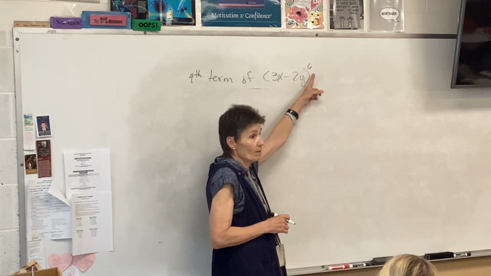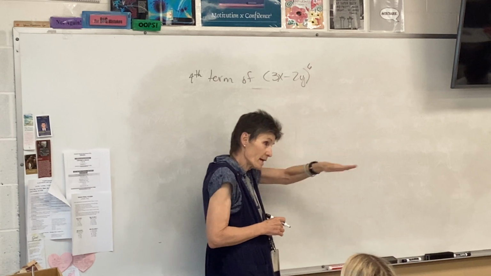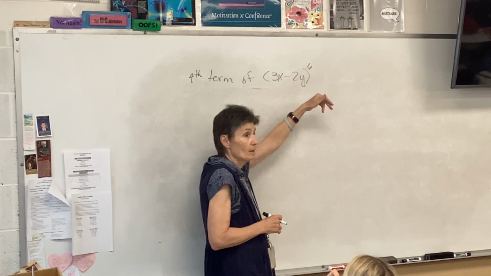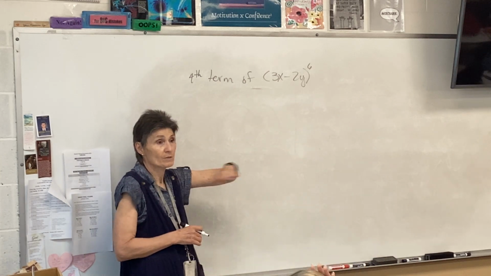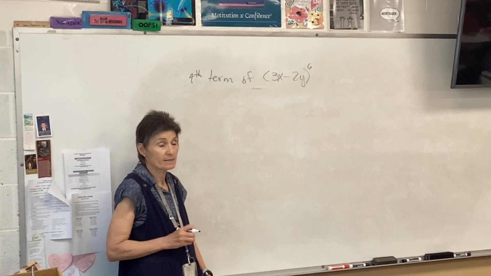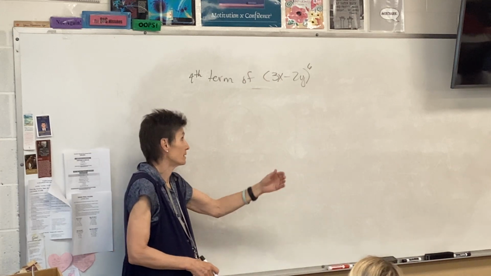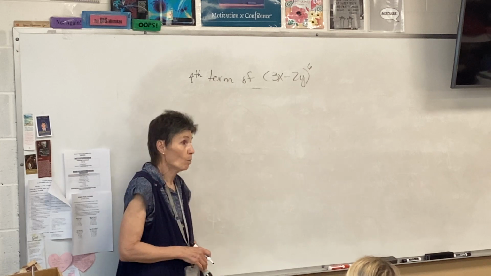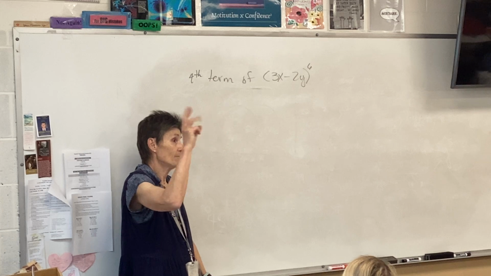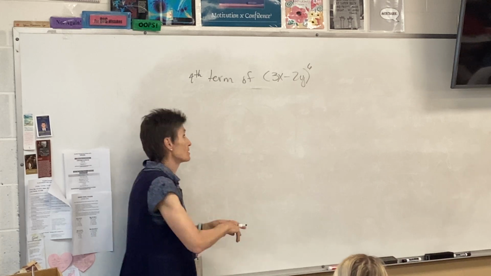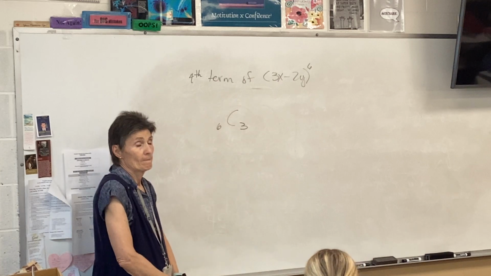I can write out the 6th row of the triangle, or I can remember that the 6th row numbers are 6C6, 6C5, 6C4, da da da da da. I want the 4th one, 6C3. So 6C3 is my coefficient.